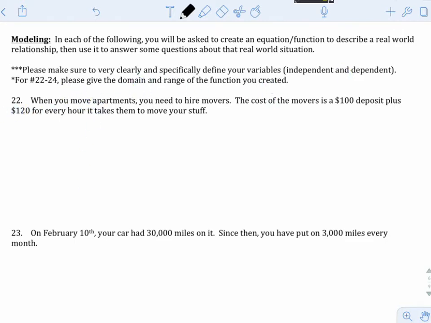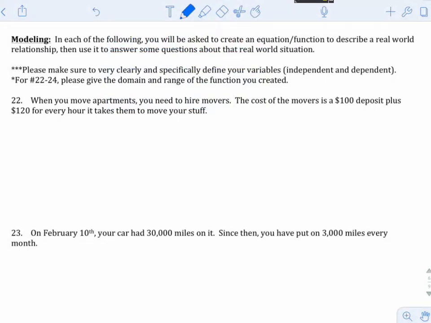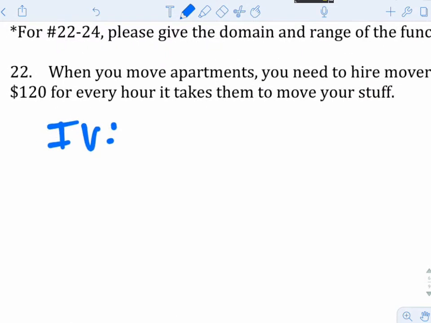So, number 22, when we move apartments, we need to hire movers, unless you want to carry all that stuff yourself. And the cost of these fake movers is $100 upfront deposit plus $120 for every hour it takes them to move your stuff. So I think in this case, our independent variable is going to be the number of hours that they work.